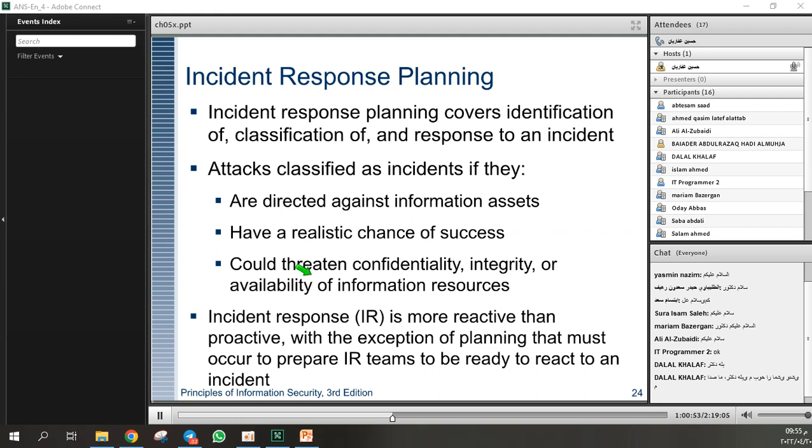After classification and defining a class, based on that class, I can react against that attack.